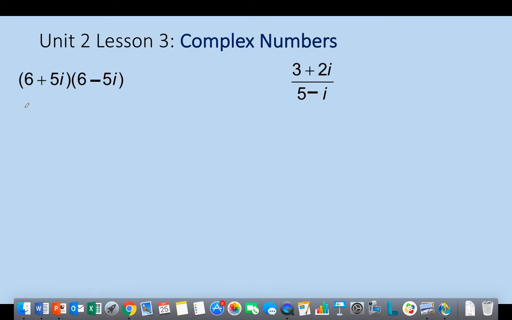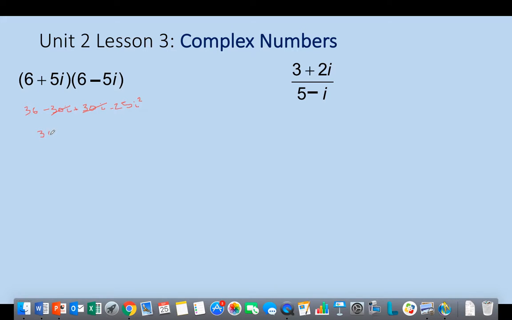We do get 6 times 6 is 36. And then we get minus 30i and plus 30i. But then here at the very end, we get minus 25i squared. And so, yep, the negative 30i and the positive 30i cancel out just like they did with difference of squares things.